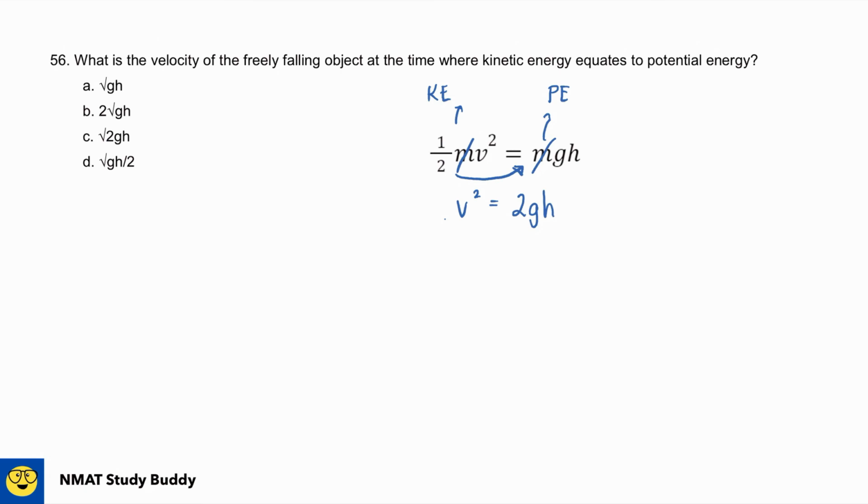And then, to get the velocity, we take the square root of both sides. So, v is equal to the square root of 2 times acceleration due to gravity times height. So, this one is the formula for the velocity of the freely falling object, which is letter C.